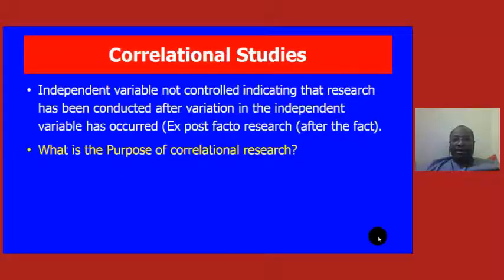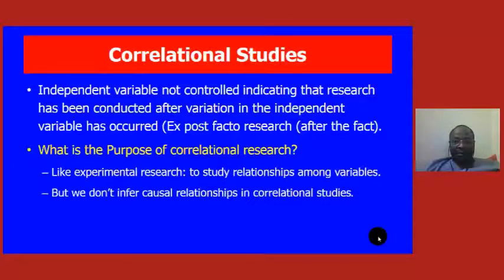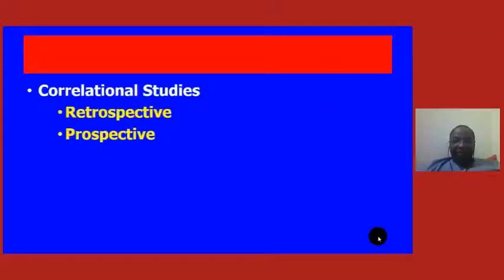What is the purpose of correlational research? Like experimental research, it studies relationships among variables, but we do not infer causal relationships in correlational studies. Correlational studies fall into two groups, retrospective and prospective.